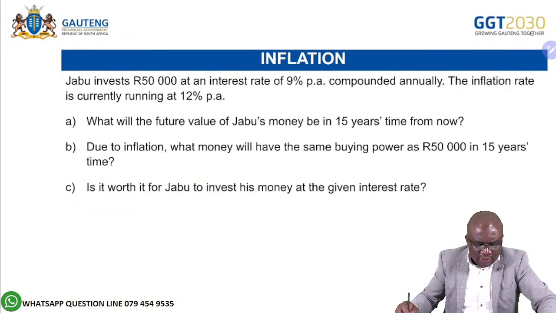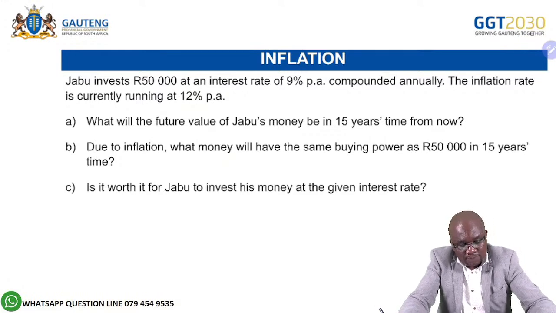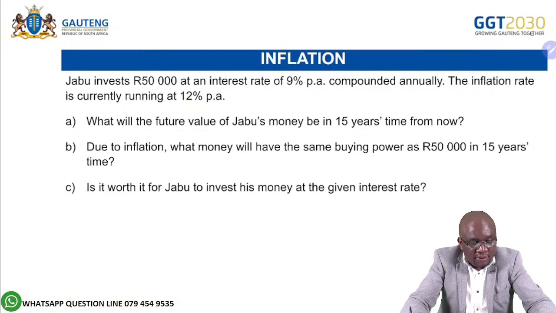And then Jabu invests 50,000 at an interest rate of 9% per annum compounded annually. But the inflation rate is currently 12% per annum. A: what will the future value of Jabu's money be in 15 years' time from now?